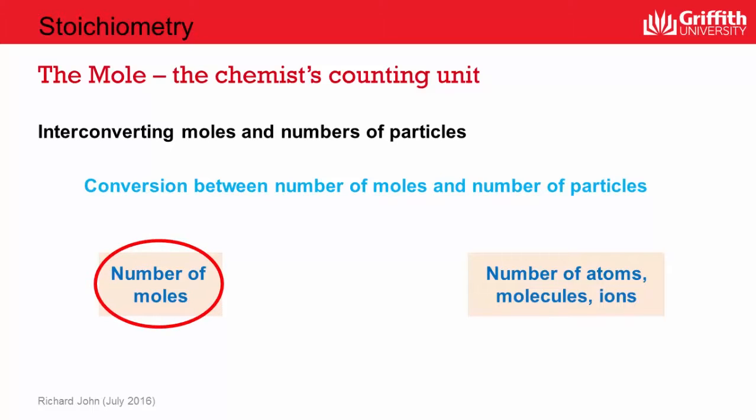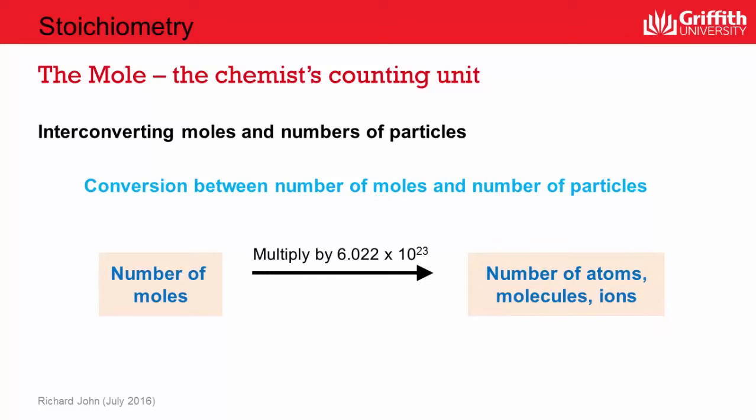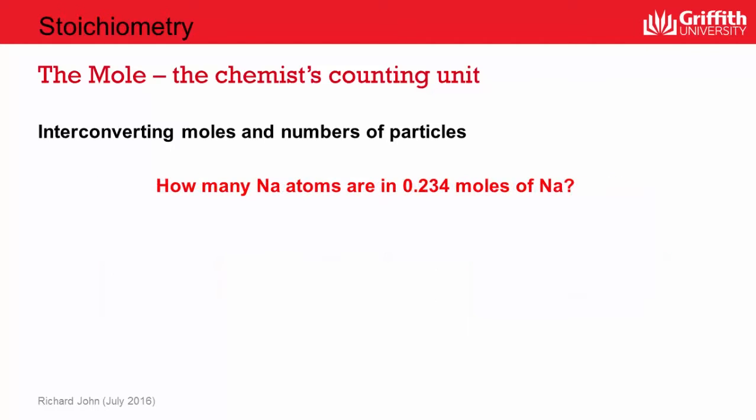If we started with the number of moles and we wanted to work out how many atoms, molecules or ions we had, we would simply multiply by Avogadro's number. If on the other hand we started with the number of atoms or molecules or ions and we wanted to work out how many moles we had, we would divide that number by Avogadro's number.